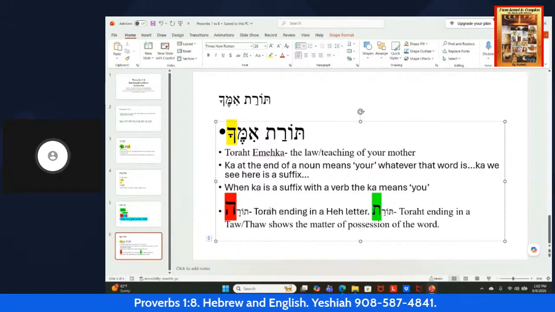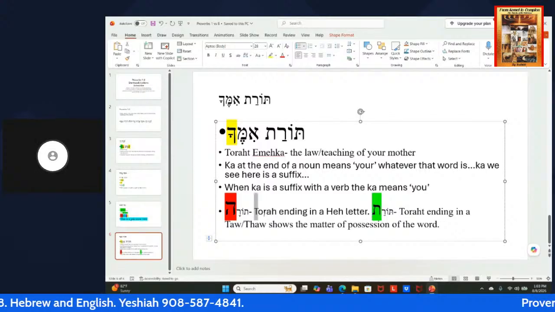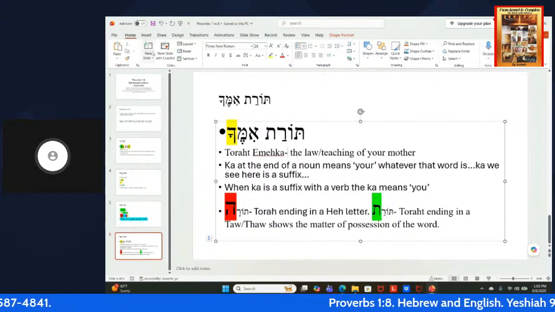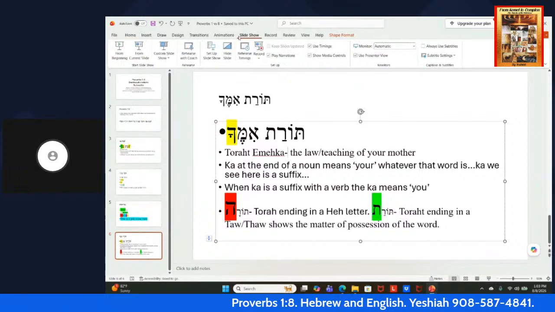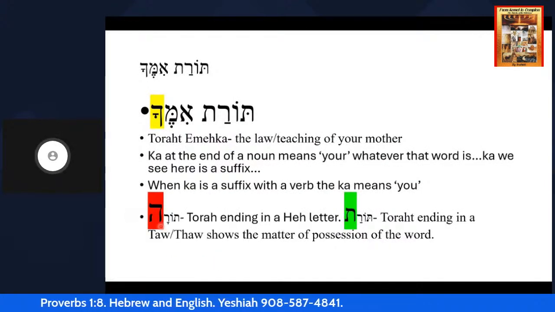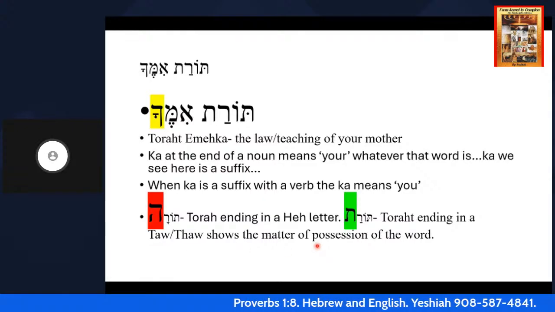And that's why we see Torat here as such. If we were to use the laser pointer, this hey becomes a tau, ending in tau. Torat, ending in a tau, shows the matter of possession of the word, meaning instruction of or law of.